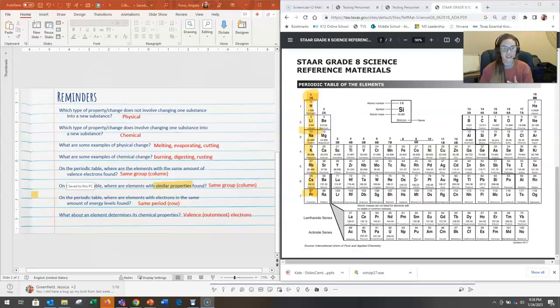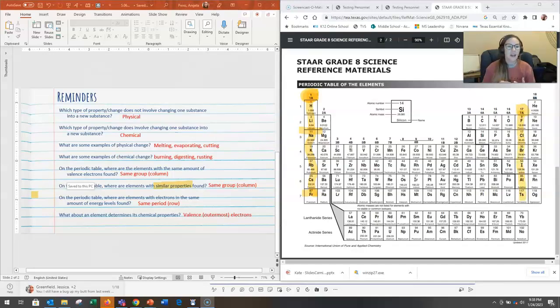If the valence electrons dictate properties, then the elements with the same amount of valence electrons will also have similar properties. So all of them in group 1 are going to have similar properties because they all have the same amount of valence electrons. Just like the ones in group 17 all have 7 valence electrons, they're all going to have similar chemical properties.